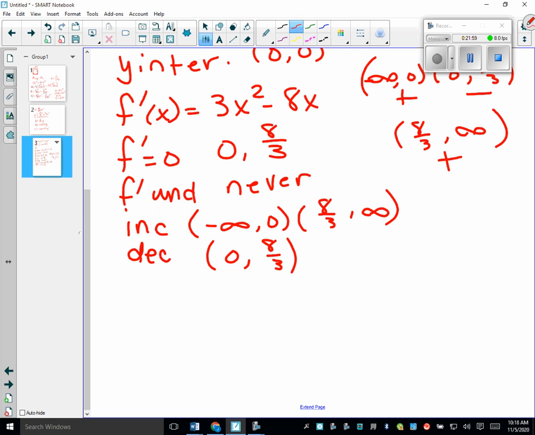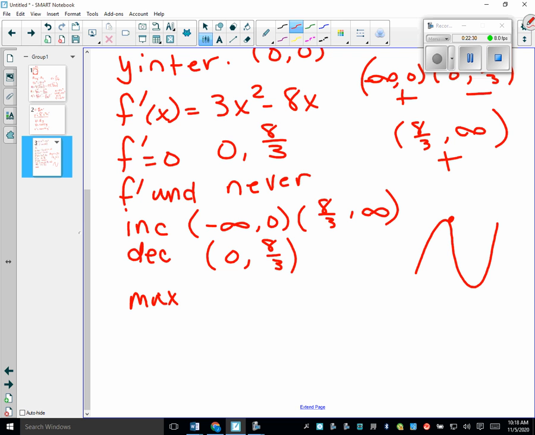We agree? Now, local max. Is it true that my graph goes up, down, and up? It says up, down, up. Oh, okay. So right here is a max. What is x at this point? Should be 0.